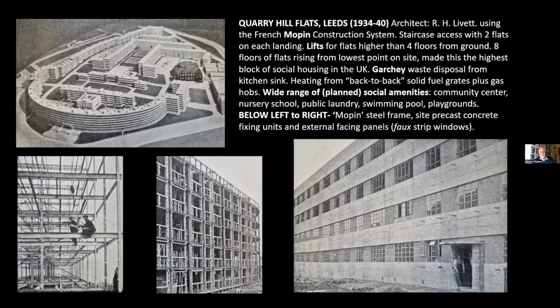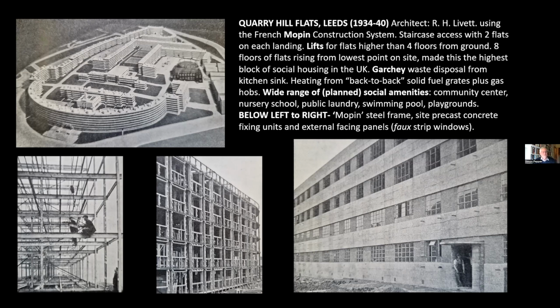Like most northern cities, they strongly favoured cottage estates on the peripheries of towns, which generally speaking weren't anywhere near as big as London. But this site was close to the centre of town, close to another sort of commercial rebuild, and on a sloping site, which meant that the blocks at one end were only 4 floors from the ground, while the blocks at the other were as high as 8 floors from the ground.